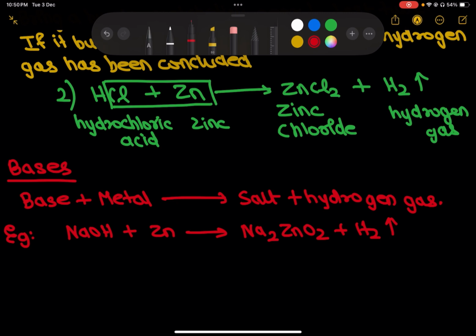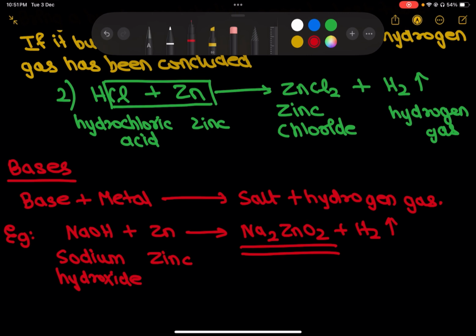Okay, so NaOH is basically sodium hydroxide, correct? Zn is zinc, and this salt which has been formed is known as sodium zincate. Okay, so it has a very peculiar name, and hydrogen gas has been evolved.